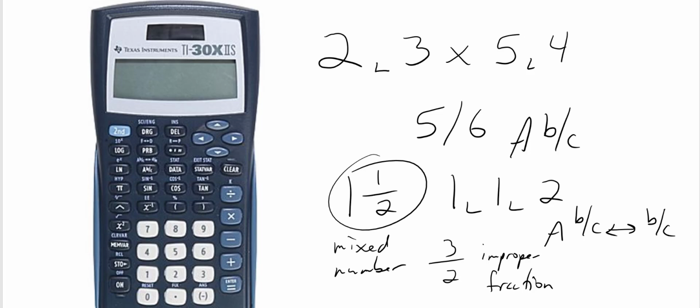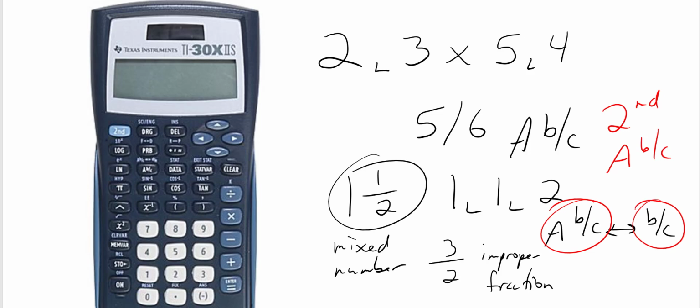So this is important: if you hit second and that ABC key, what that does is it converts between a mixed number and an improper fraction. So if you get 1 1/2 and you hit second ABC, it converts it to 3/2, and you hit it again and you have to hit enter. Don't forget to hit enter, and it'll convert it back and forth between the two fractions. It's kind of a nice feature on your calculator.